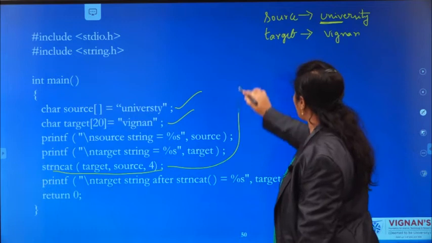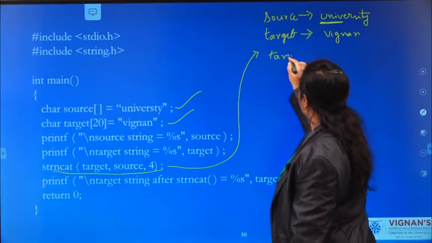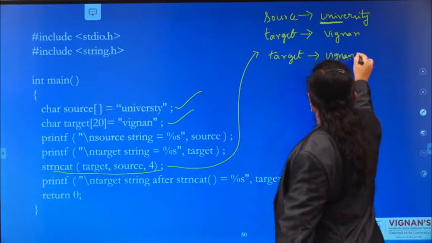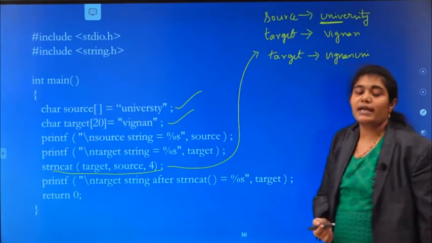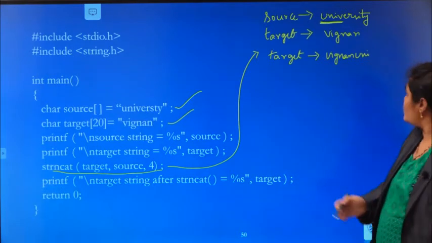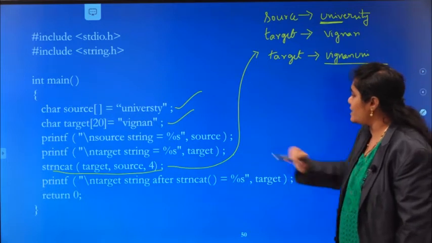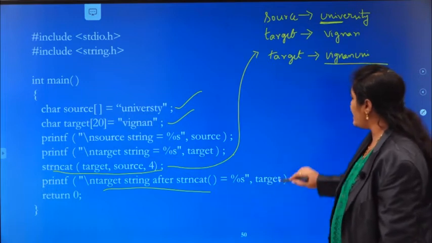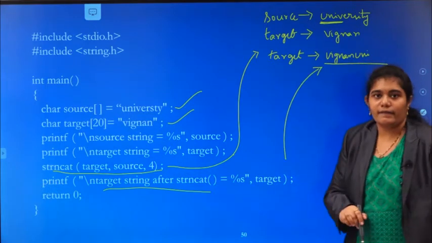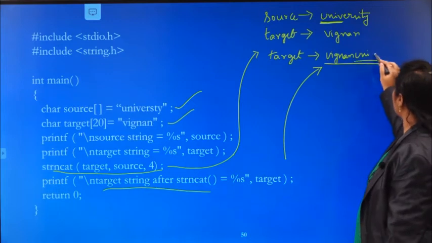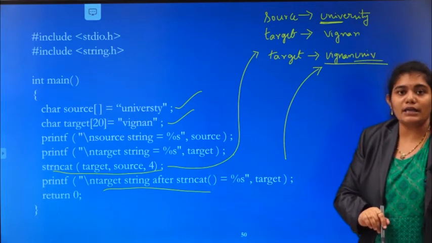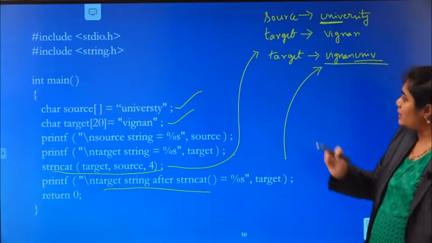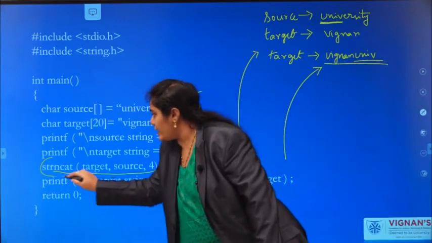This makes the target value VIGNAN UNIV. So this is the value we have after executing this instruction. Now we are printing the target string after strncat, and this is the output: Vignan UNIV. These are the 4 characters we are going to append, right? This is about strncat.